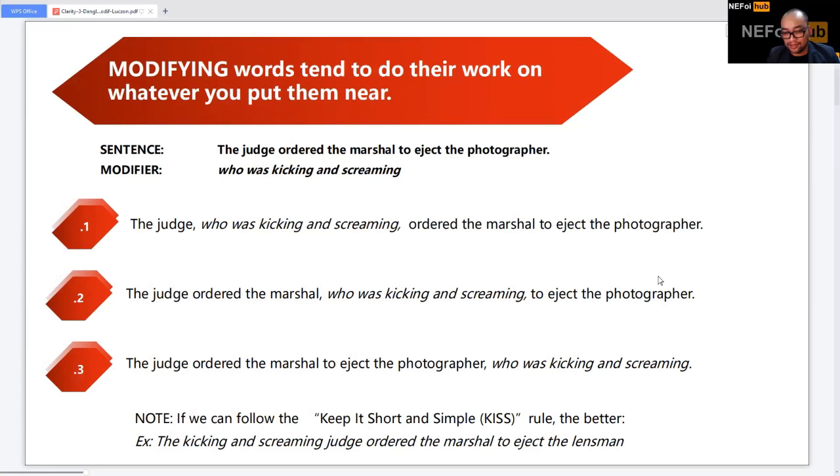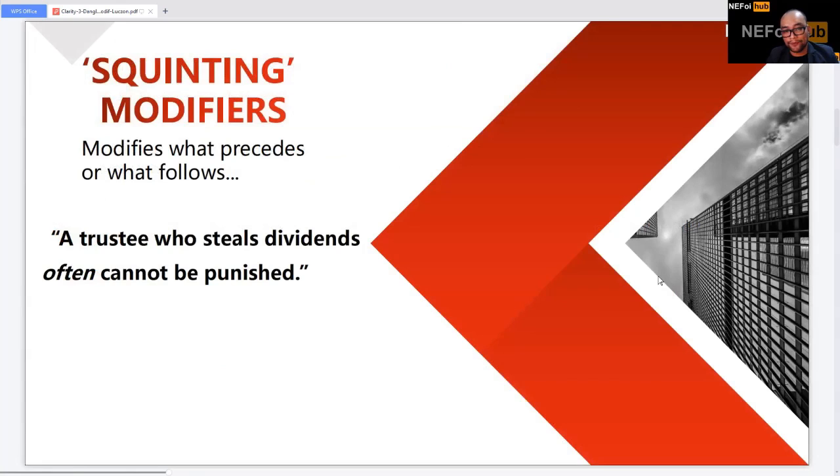Anyway, moving on to the general rule. We have squinting modifiers. This modifies what precedes or what follows. Sometimes squinting modifiers are quite a challenge, especially if we are not aware it's a squinting modifier.